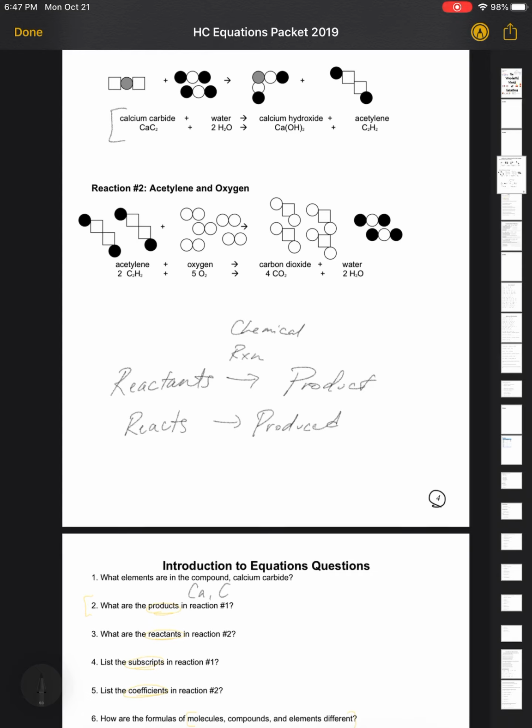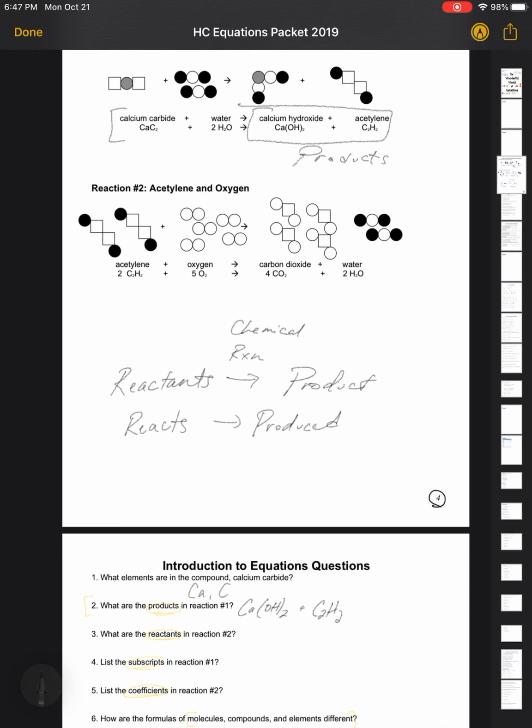So what are the products in reaction 1? Well, we look at reaction 1 and we see that calcium hydroxide and acetylene are the two products that we see up here in reaction 1. So we can even go through and label that as our products. What are the reactants in reaction 2?